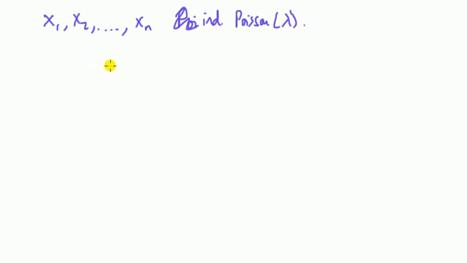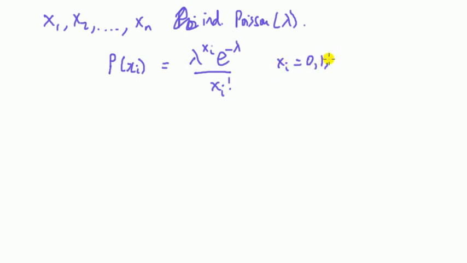Well, for Poisson, P of xi, that's typical notation used, isn't it? Lambda to the xi, e to the minus lambda, over xi factorial, for xi equal to 0, 1, 2, and so on. I put i again because it's for each of these, and we've got n of them.